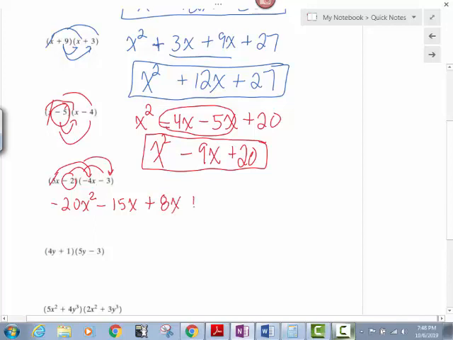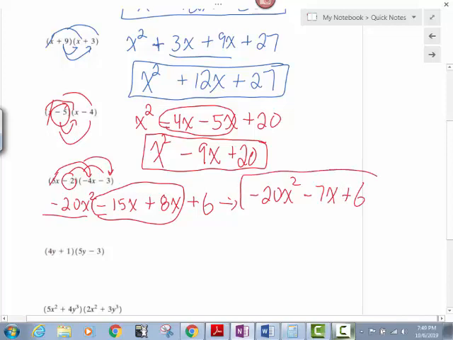Negative 2 times negative 3 is a positive 6. Okay. So again, that one's going to stay by itself, negative 20x squared. We can combine these two together. If I owed you 15, but I only paid you 8, I would still owe you 7. And then we still have that plus 6, right? Good.